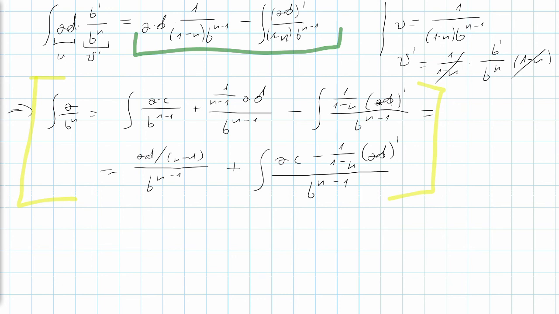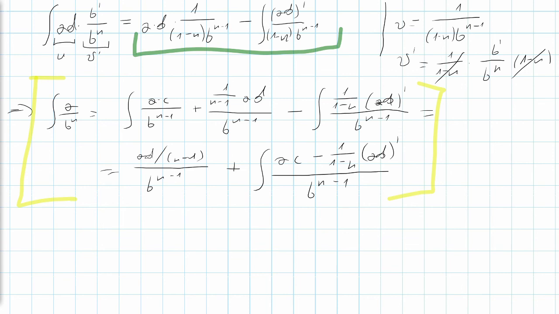In one step of this Hermite reduction, we drop the exponent of the denominator by 1. Repeating this procedure for this integral, we will split off a fraction with b to the power n minus 2 in the denominator, and we get the integral with b to the power n minus 1 in the denominator.